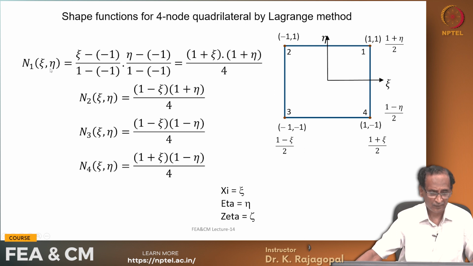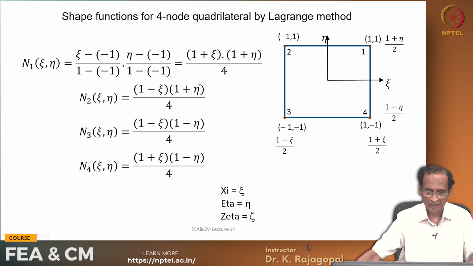So, our n1 of xi eta is simply 1 plus xi times 1 plus eta by 4, and n2 of xi eta is 1 minus xi times 1 plus eta by 4, and n3 is 1 minus xi times 1 minus eta by 4, and n4 is 1 plus xi times 1 minus eta by 4.